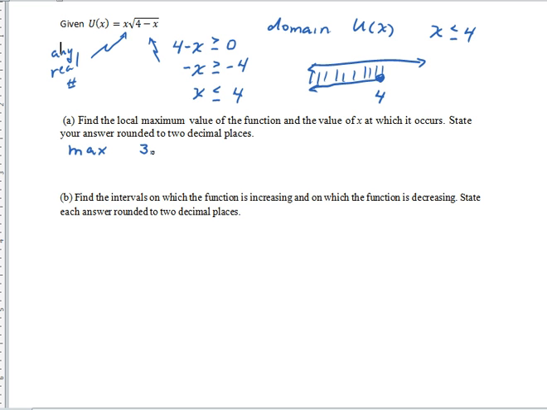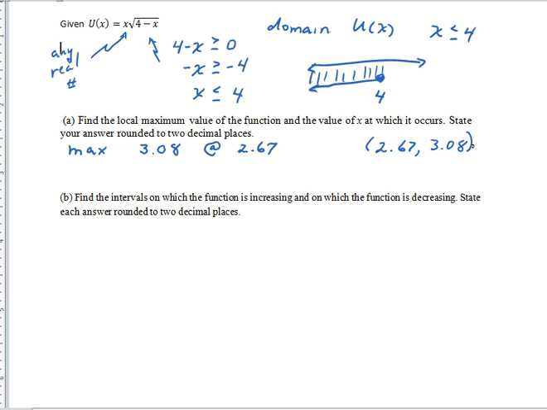So I go back and I enter that the maximum is, to 2 decimal places, 3.08. It occurs at 2.67. Both of these are captured by the point 2.67, 3.08.